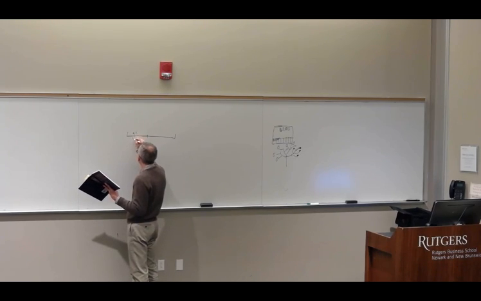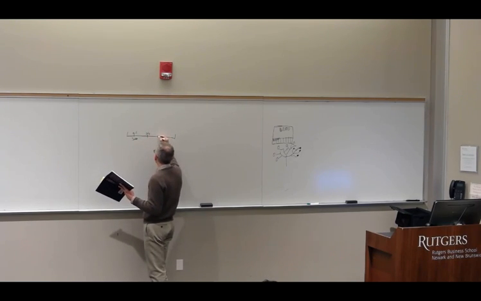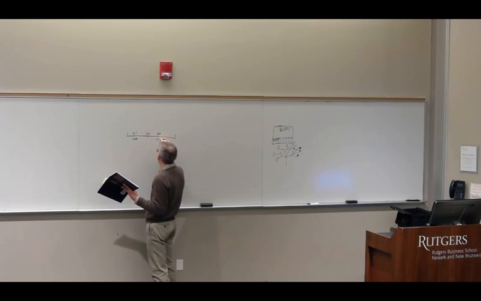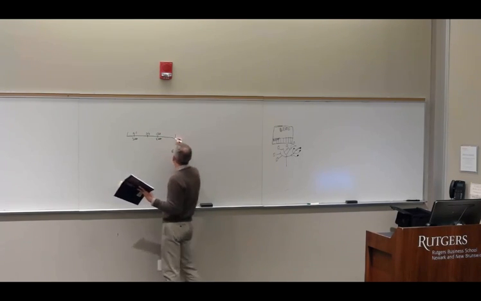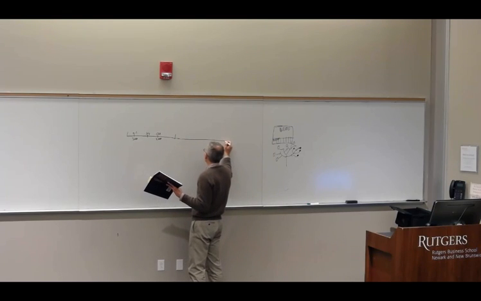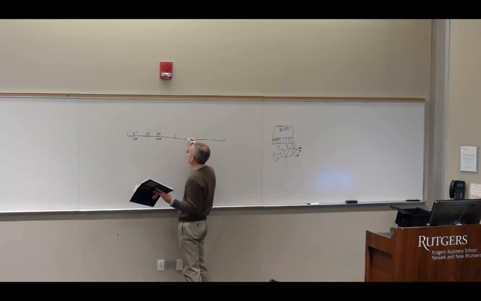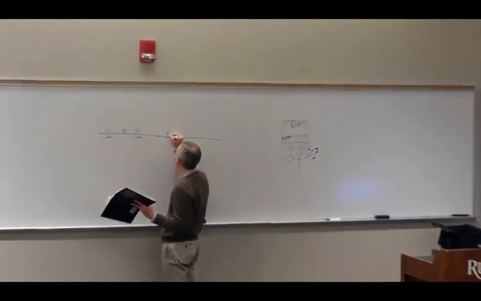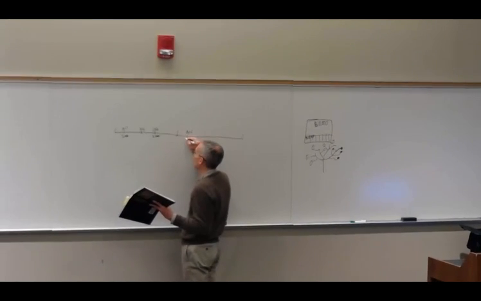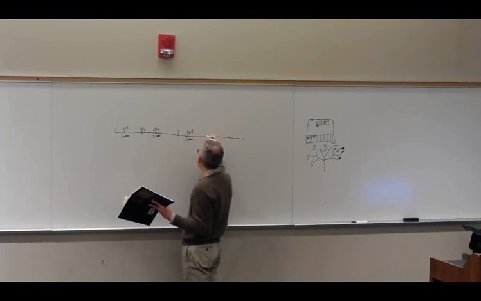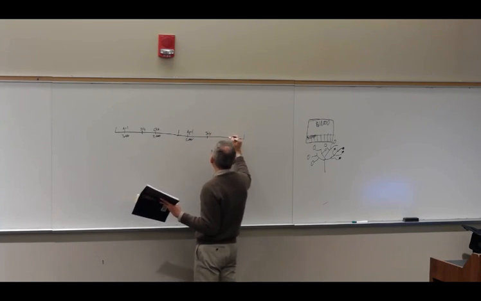April, $3,000, July, and October. And this will be year 2, just if we need it. April 1st, July, and October.